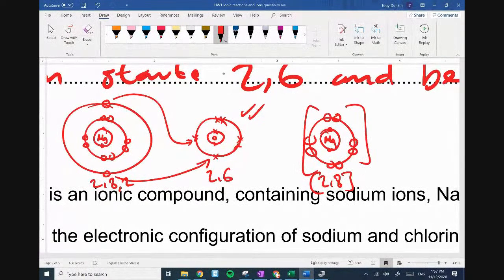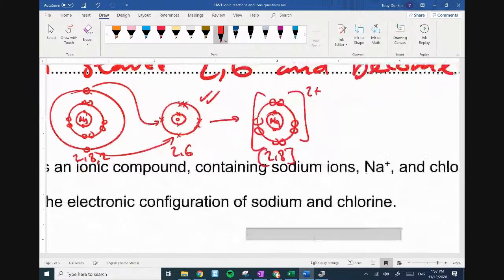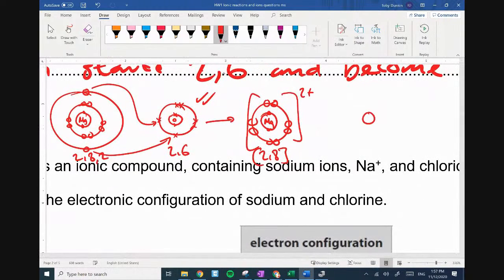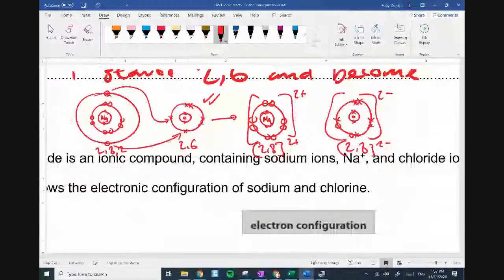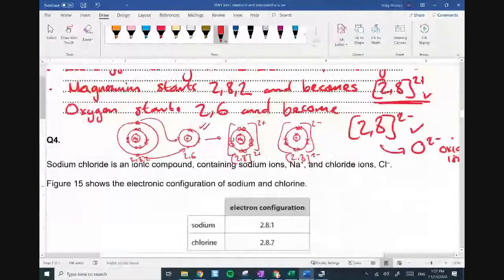So yes, you can get all the marks from the diagram. Magnesium shrinks, whereas oxygen grows. Then you show these as crosses, and it gains the 2-, and then it's 2,8, same thing, 2- and 2+. So yes, you can, Julius. Great job for showing all your shells.